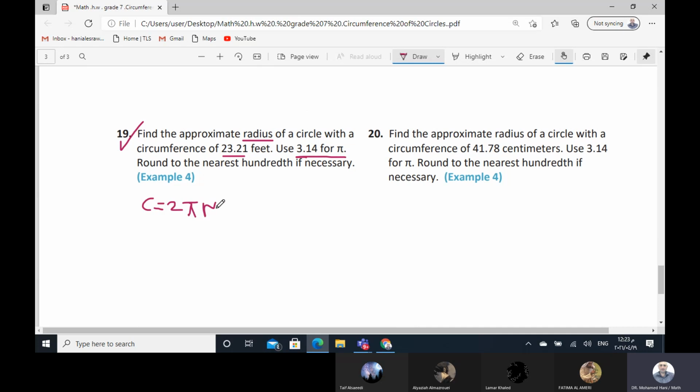We want to find r, so try to remove 2 pi. So divide the two sides by 2 pi. Divide here by 2 pi. Divide here by 2 pi. So remains here r and here C over 2 pi.